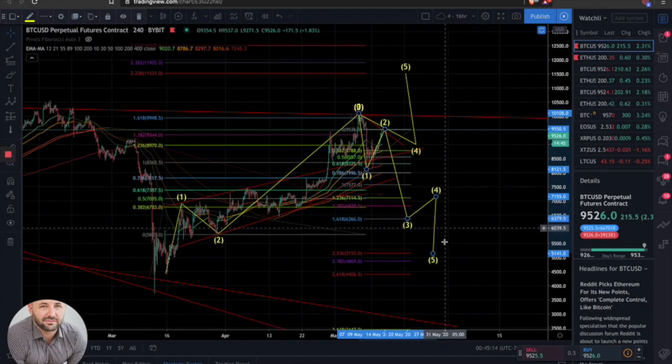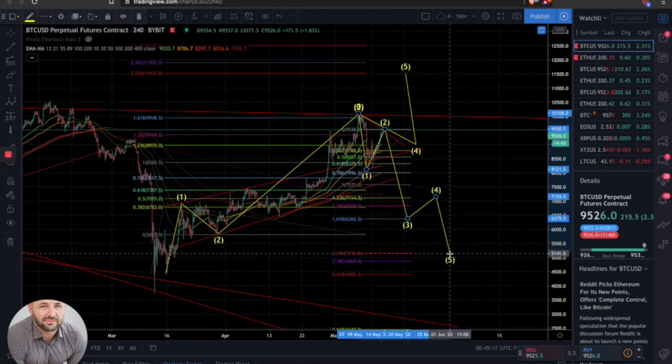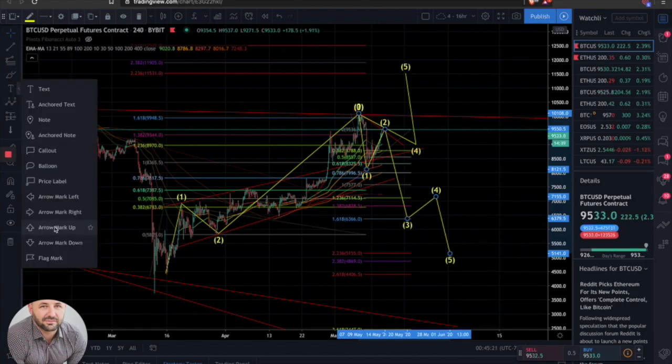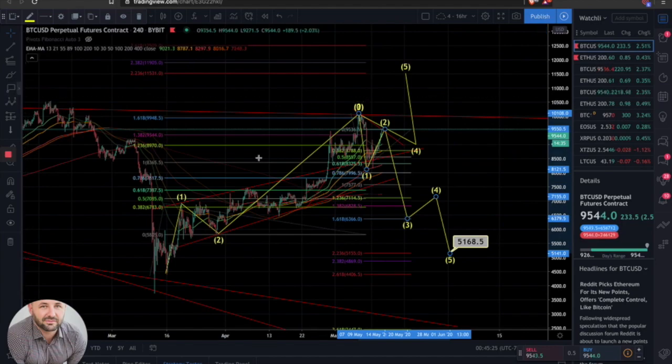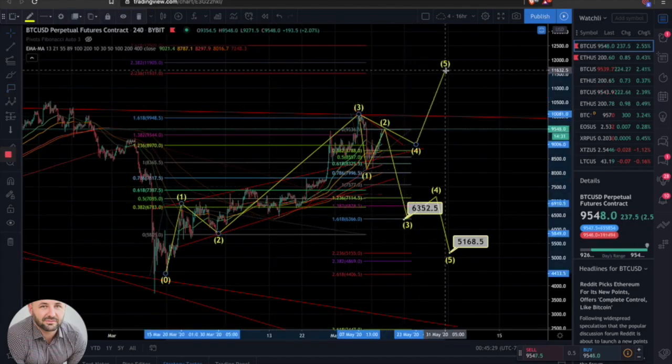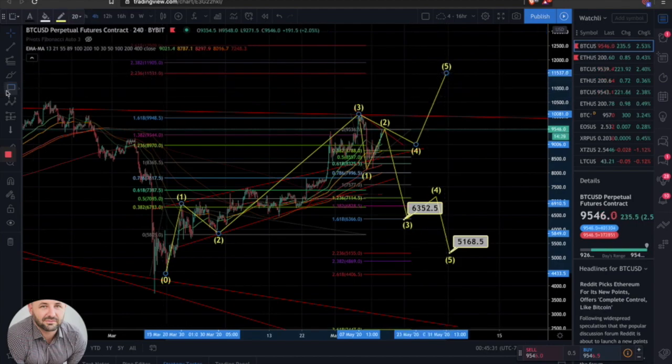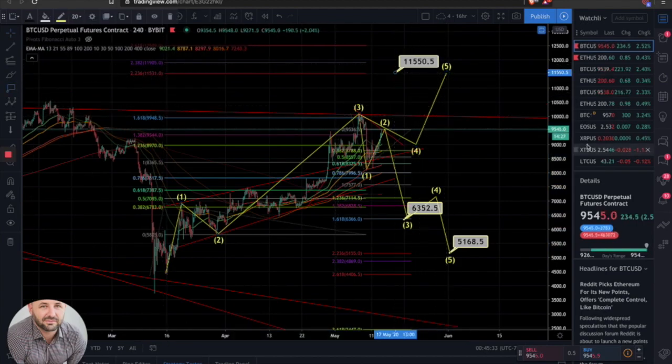So that's on a 5th wave target, roughly around 51.40. Would be our target to the downside. Like that, 11,550. All right, so these are our targets. This again is the bull count, and this is our bear count.